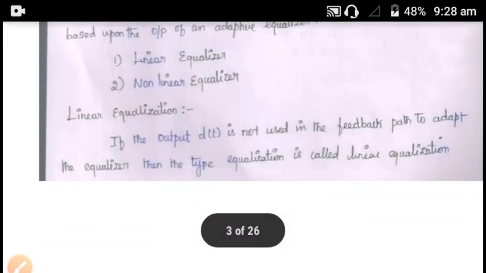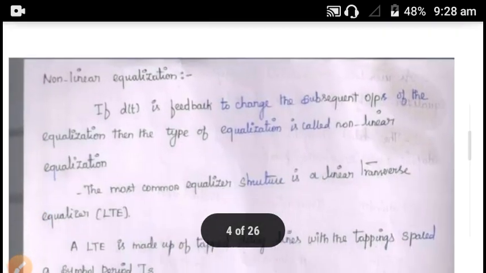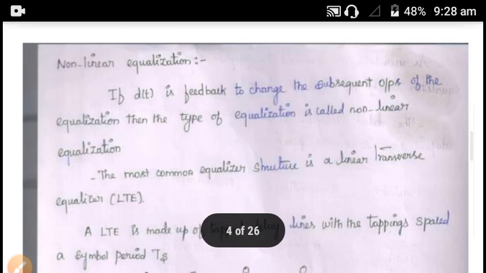Non-linear equalizer. If there is no feedback path to adapt the equalizer, then that type of equalization is called linear equalization. Next, non-linear equalization: if d(t) is fed back to change the subsequent output of the equalizer, then this type of equalization is called non-linear equalization.